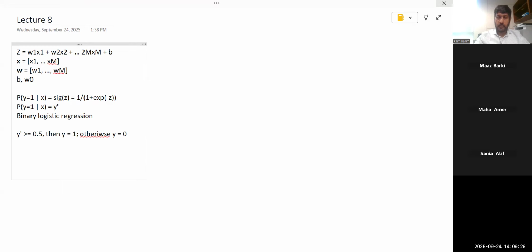Let me take a very simple example. Let's say this is for sentiment classification or polarity classification. You have just two classes, 1 for positive class, 0 for negative class. Let's say we have an example X, and the feature set, let me write it as: X1 is good, X2 is bad, X3 is the, and X4 is, let's say, movie.